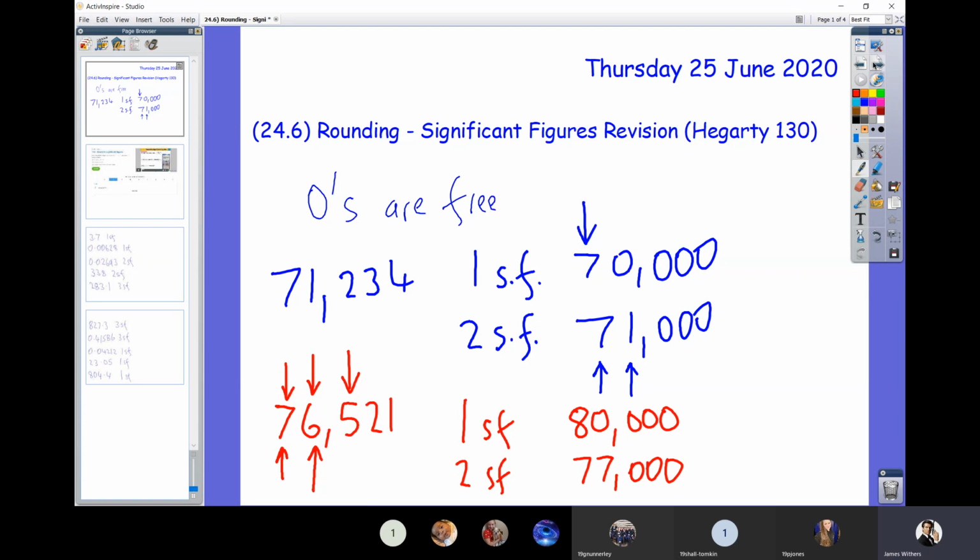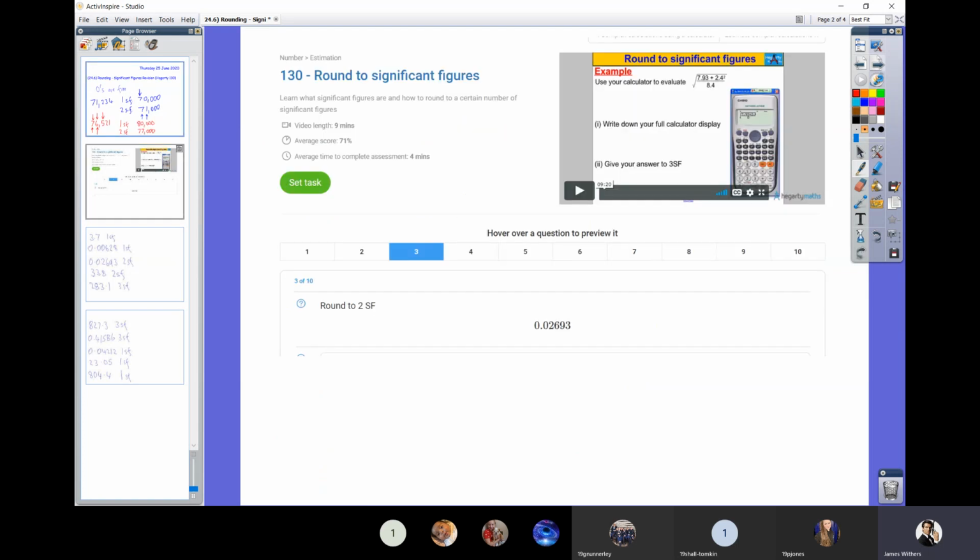So what I thought I would do is go through a sample of the questions that are in Hegarty 130. So this is an example of question 3. So to 2 significant figures, we're only allowed 2 numbers that are not naughts. So these numbers are all fine, these naughts are all fine. There's the first.